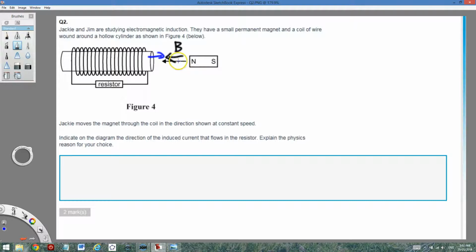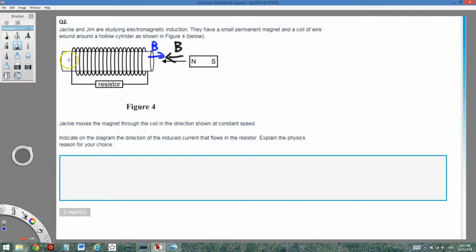So use your right hand rule with what the wire wants to do. Use the right hand grab rule, put your thumb to the right. Now, just remember inside the solenoid, the magnetic field has to go to the right.